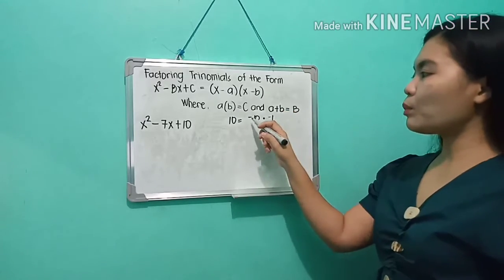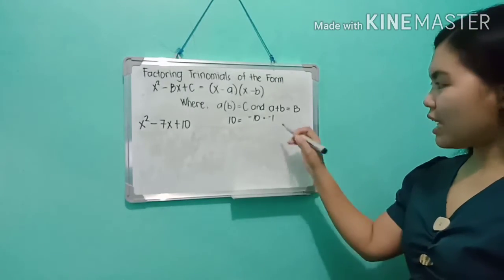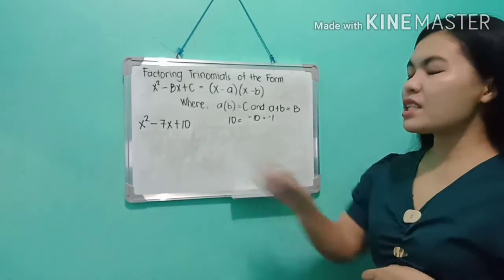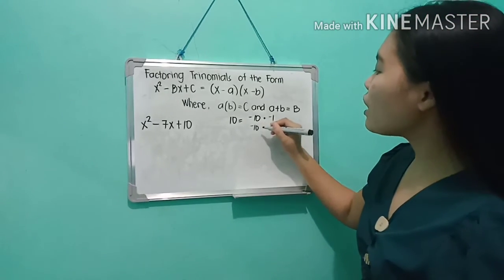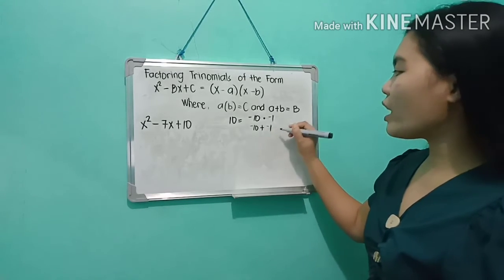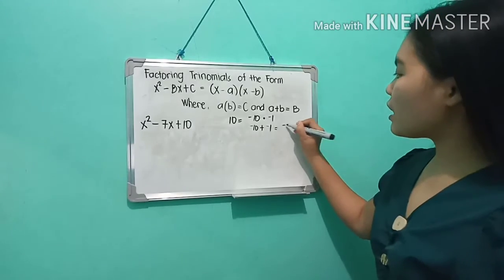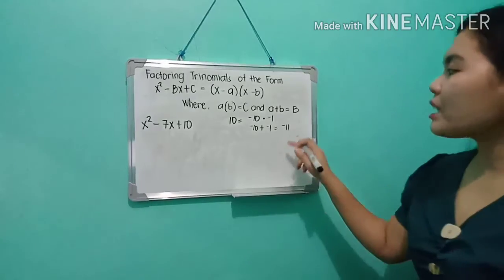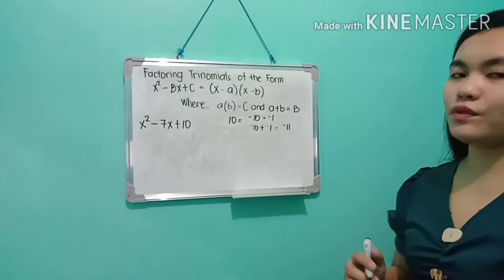Alright, so if we're going to multiply this one, negative 10 times negative 1, it is positive 10. Kung i-add natin yung dalawa, negative 10 plus negative 1 is equals to negative 11. So, hindi pa rin na-satisfy yung b natin, which is negative 7.